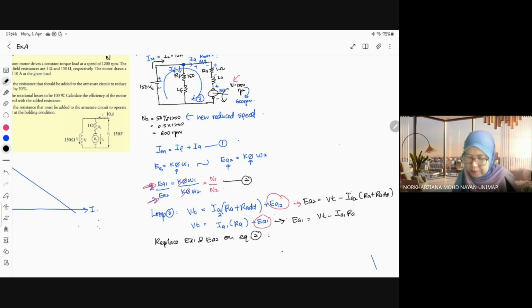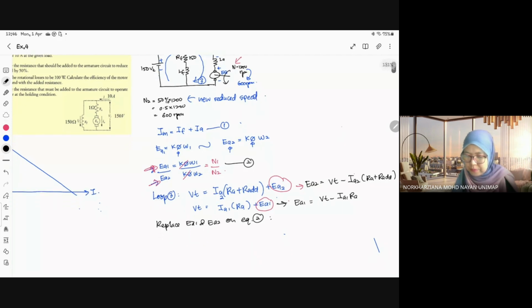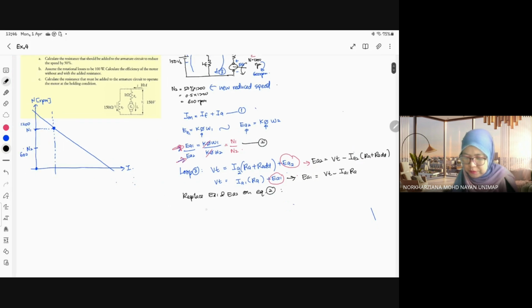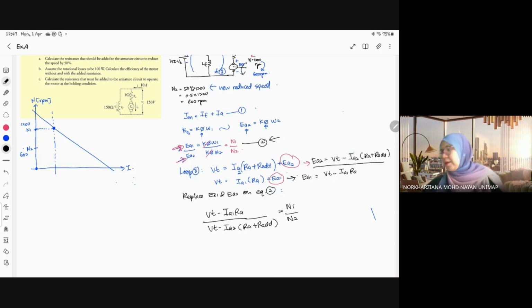Okay. We will have, ini equation 2. So EA1 over EA2, (VT minus IA1 RA) over (VT minus IA2 (RA plus RX)) equals to N1 over N2. Okay, next.